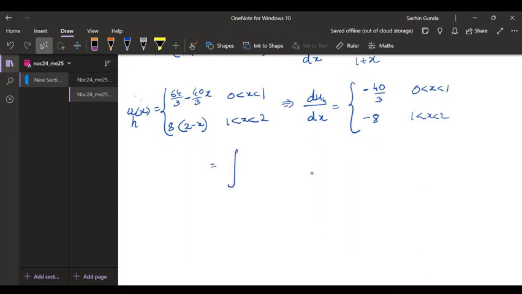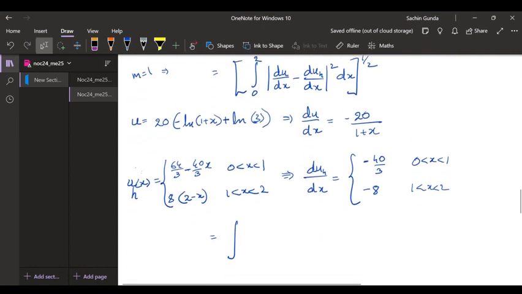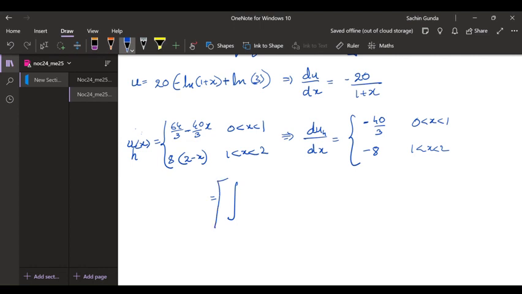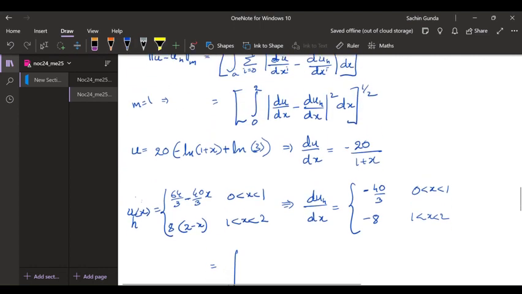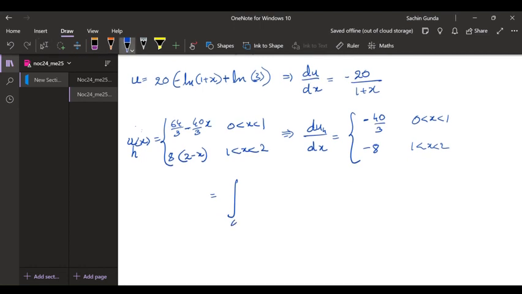So it is nothing but the integral. We have two expressions, so we have to separate the integral from 0 to 1 and 1 to 2.